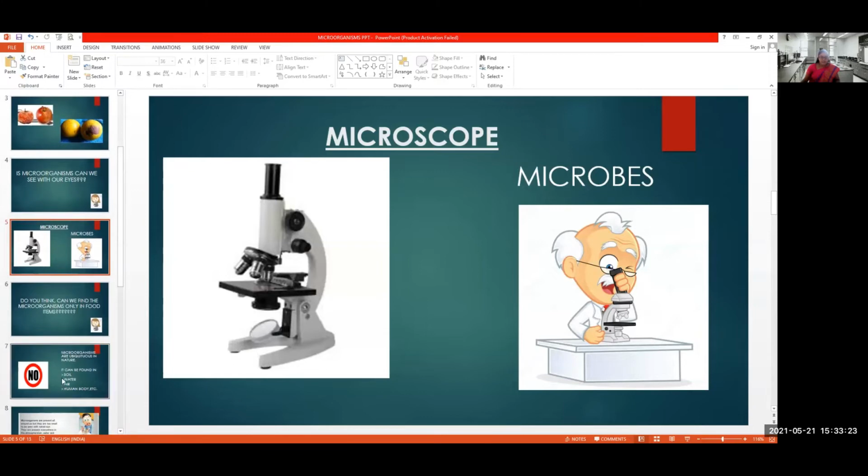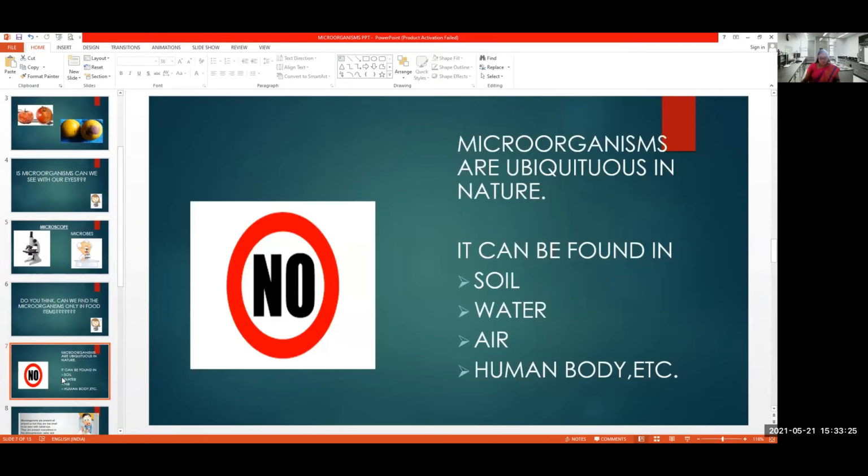Yes. Put the next point. Put a star and arrow mark. You have to write point-wise only. Don't write paragraph-wise. Microorganisms are ubiquitous in nature. Take a pencil and underline the word ubiquitous and note down the meaning, present everywhere.